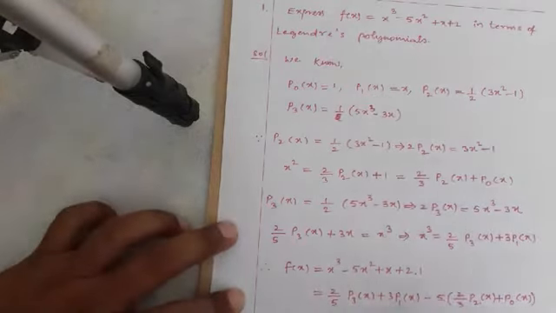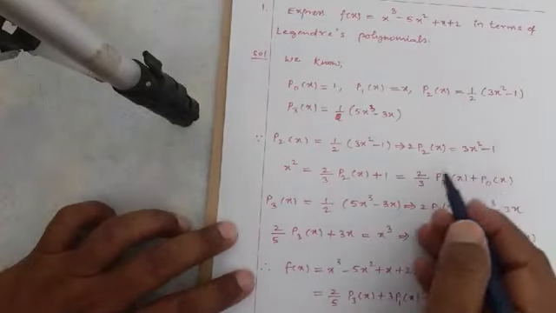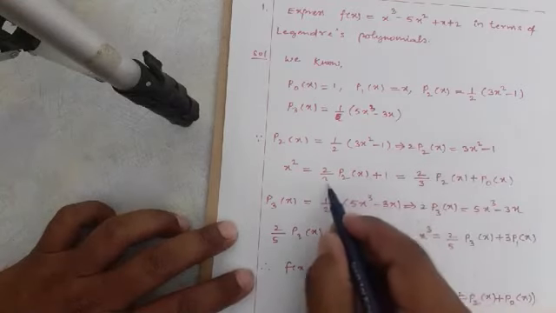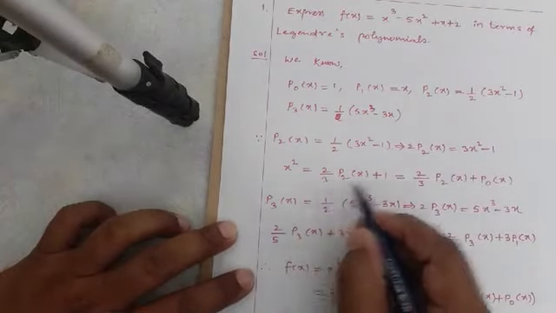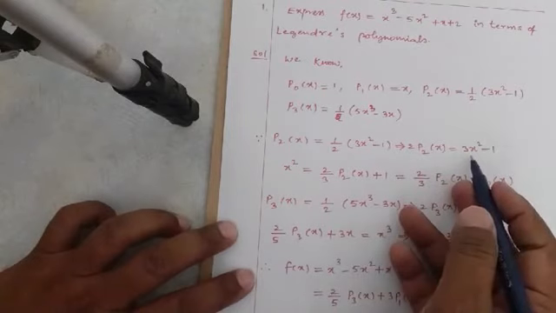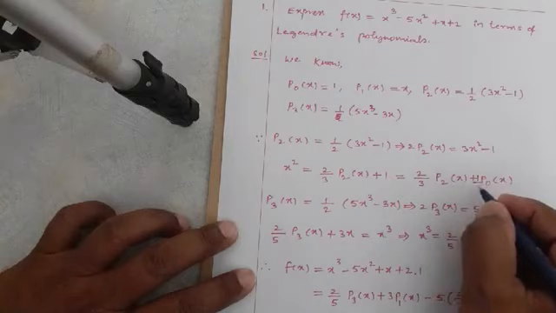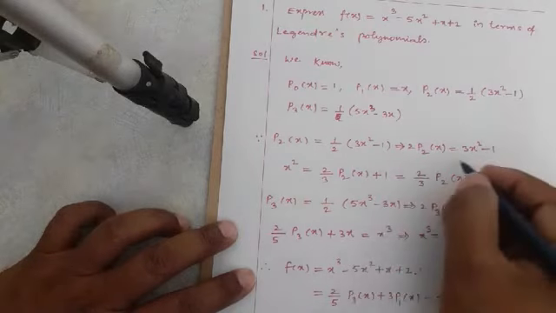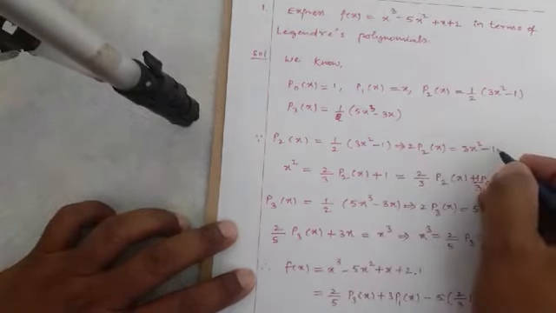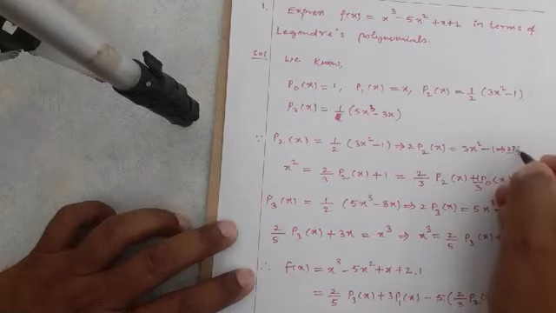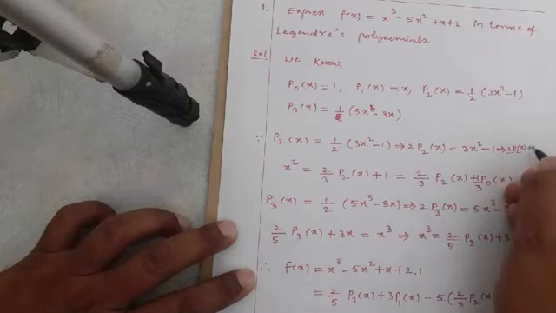So here 2 by 3, this is okay, 3x square. So here you should get 1 by 3, because when you take this, this implies 2 p2 of x first, this minus 1 the other side, that becomes plus 1.